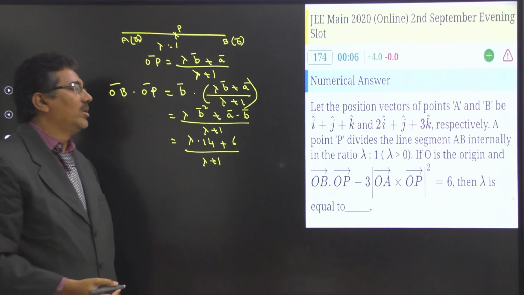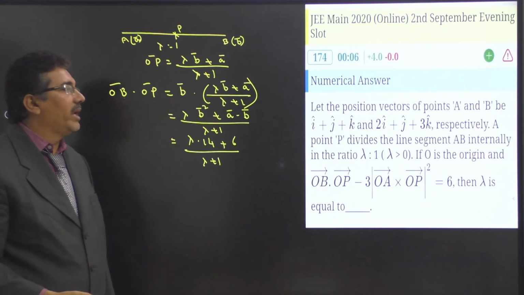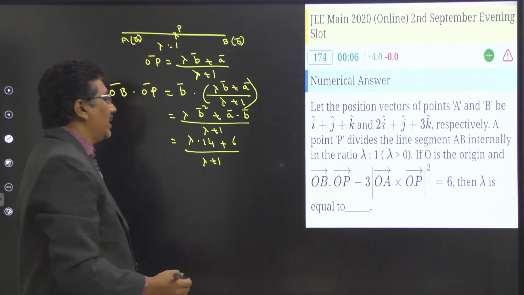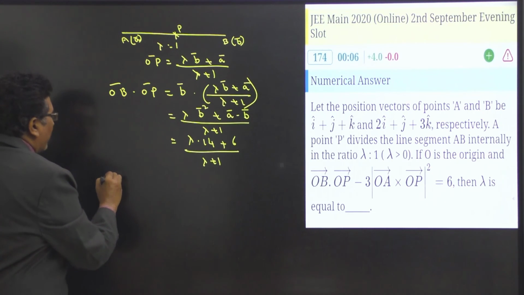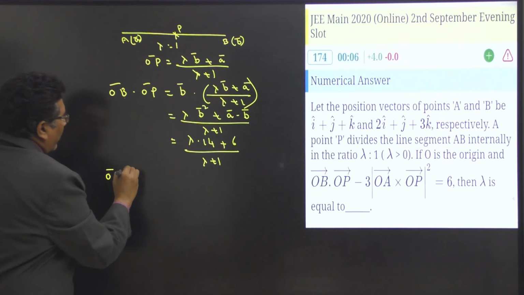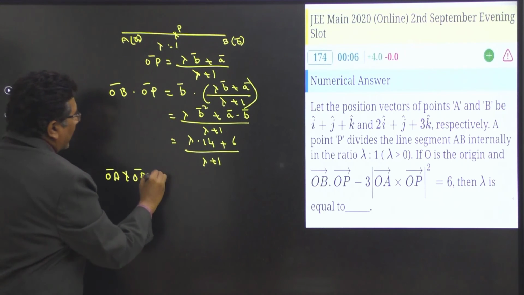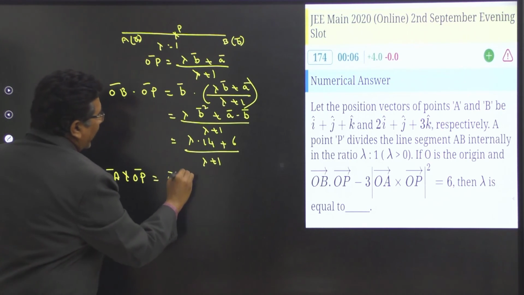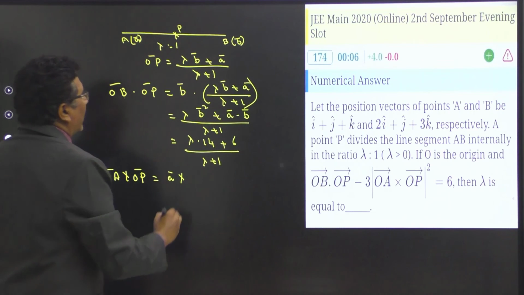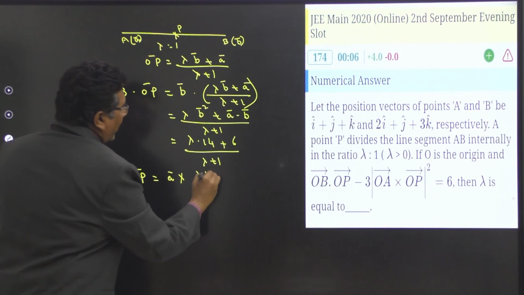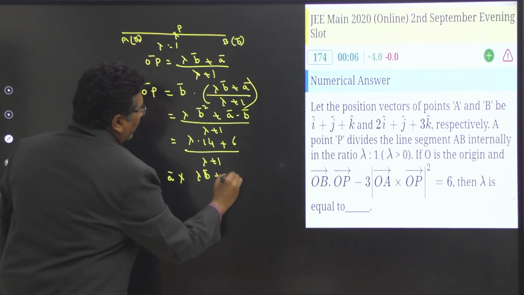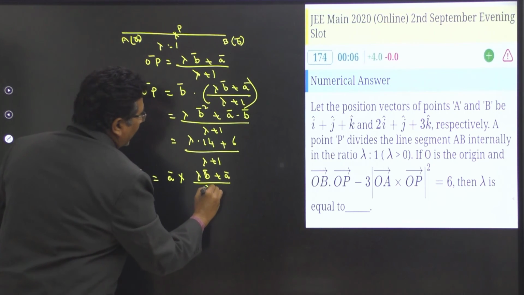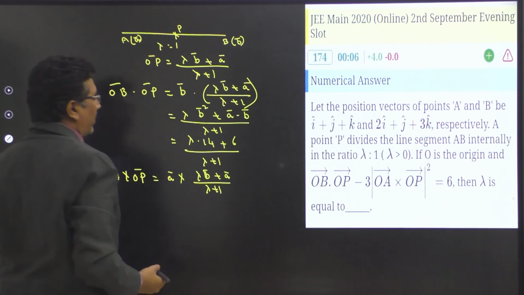Right, now we want to calculate OA bar cross OP bar. What is OA bar cross OP bar? A bar cross lambda into B bar plus A bar, divided by lambda plus 1.